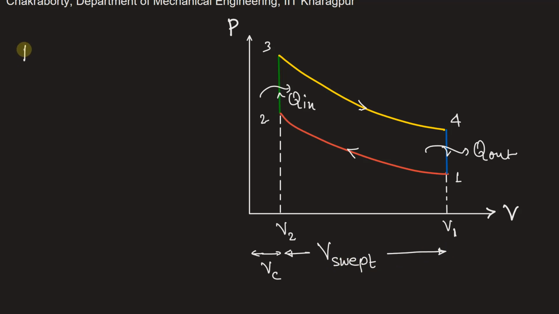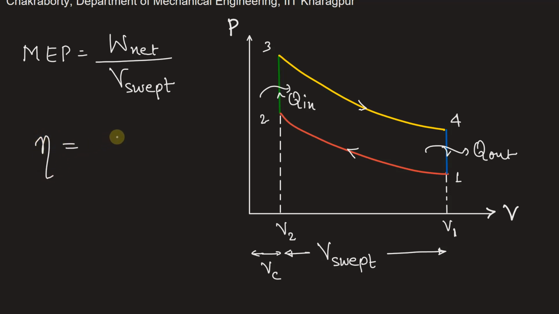So the mean effective pressure is given by net work done divided by the swept volume, and the efficiency of an Otto cycle is given by eta is equal to 1 minus 1 upon r to the power of gamma minus 1. Now here r is the compression ratio, that is given by V1 by V2.